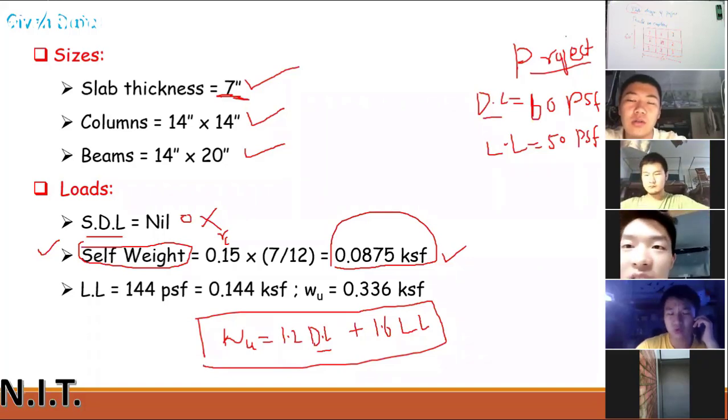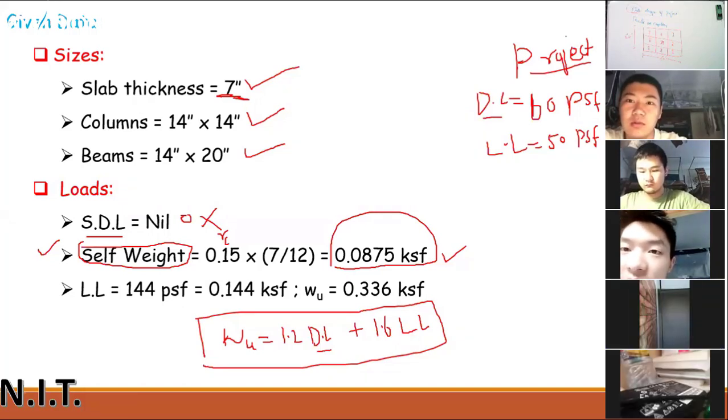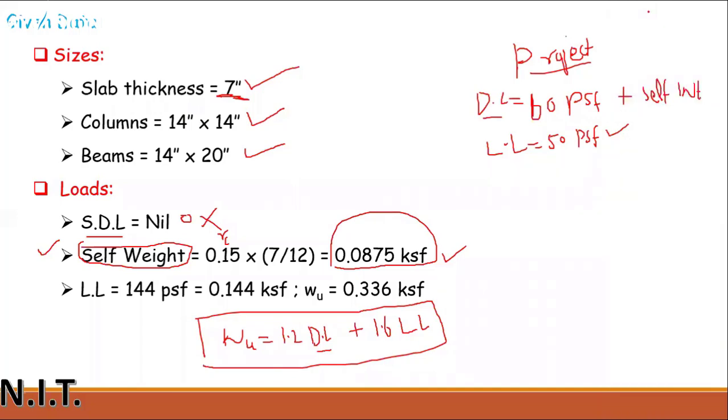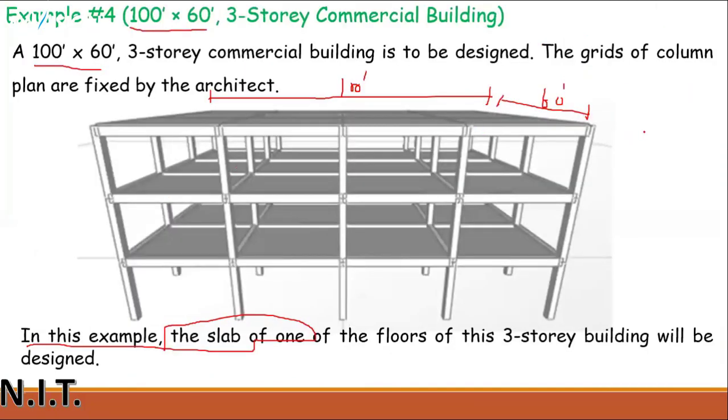I wonder now where is the live load from? Live load is given in the question. For example, in example number 4, the dead load is not given. Initially it is 0, and live load is 144 PSF. But in your project, when you are solving your project, I have given you the values: this is 60 and this is 50.